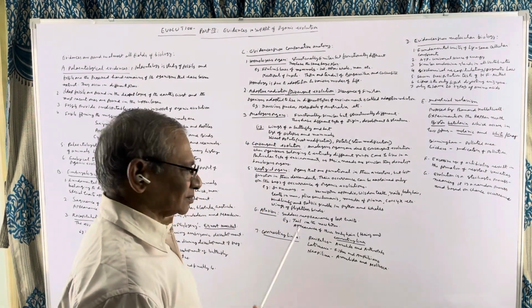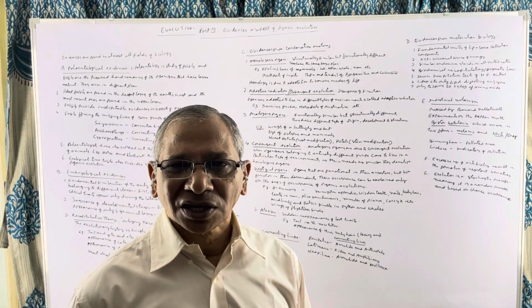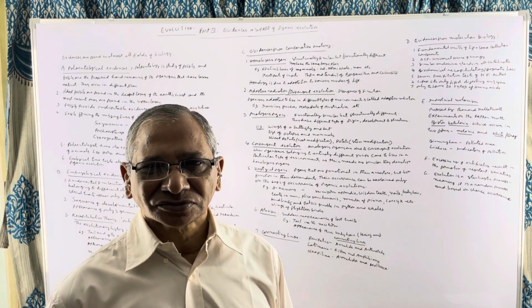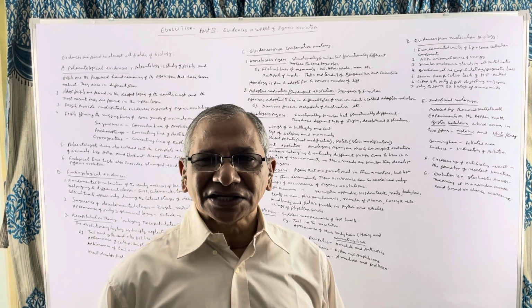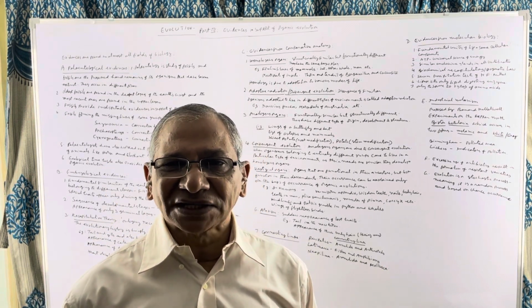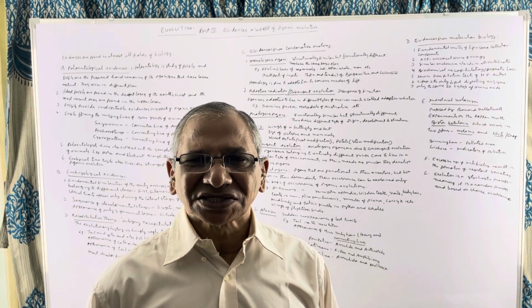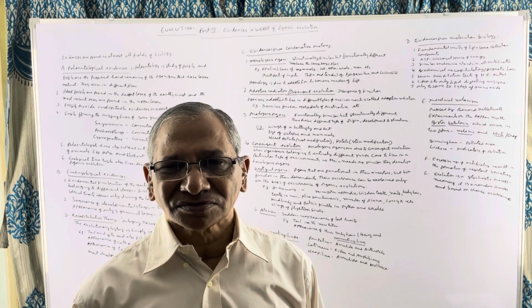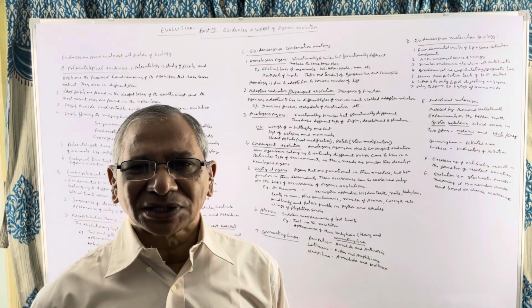Then, atavisms. Atavisms means sometimes our ancestral traits appear suddenly. For example, in human beings, tail is absent, but our ancestors had a tail. We have lost the tail due to lack of function. Tail helps in balancing. Primates were tree-living animals.